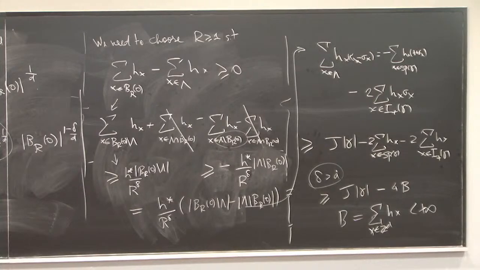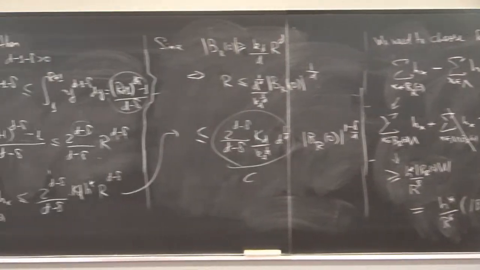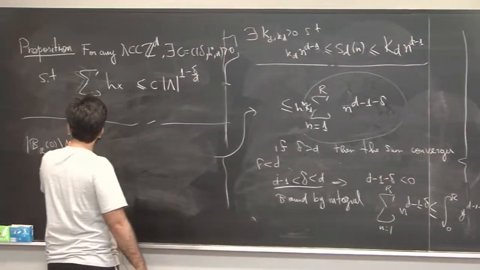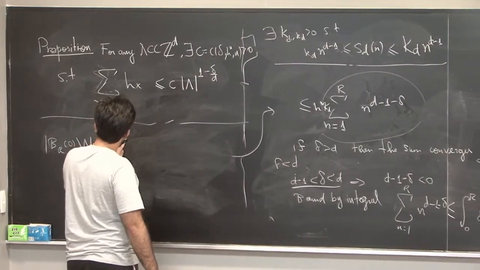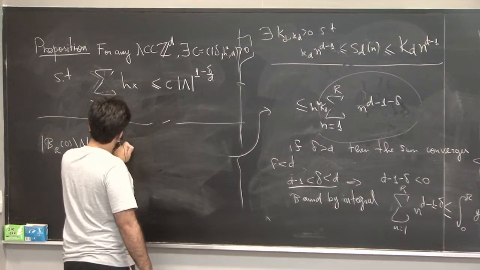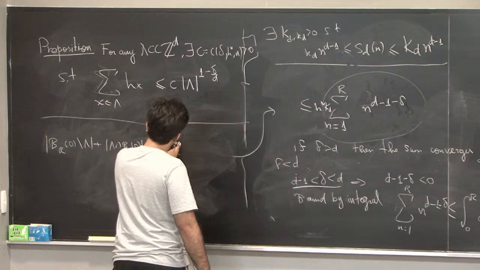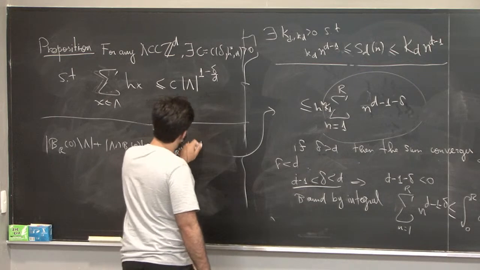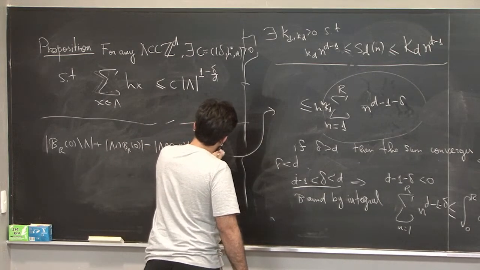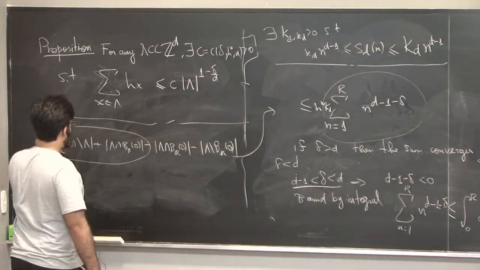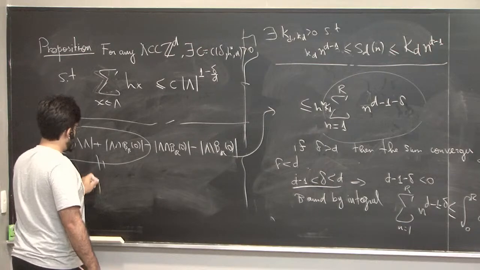So if I add and subtract the intersection of the two sets, then if I sum both of these quantities, I will just get the size of the ball.